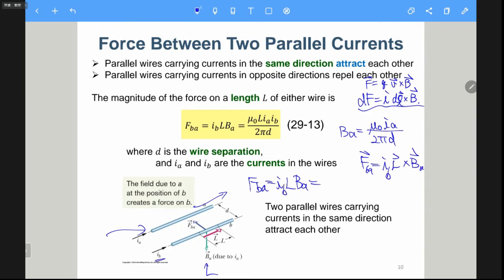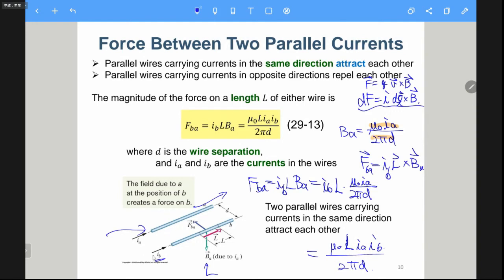So we have IB times L times mu0 IA over 2 pi D. If you simplify it, we have mu0 IA IB L over 2 pi D. This is the derivation of 29.13, where D is the wire separation, and IA, IB are the currents in the wires.